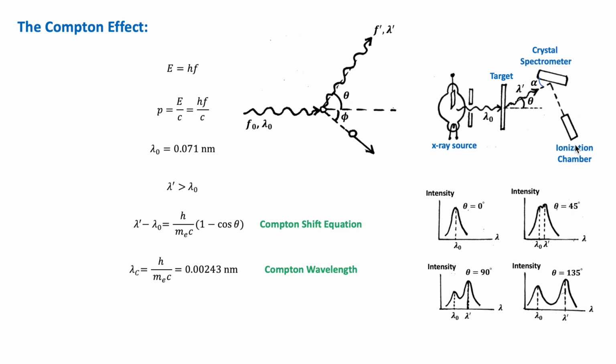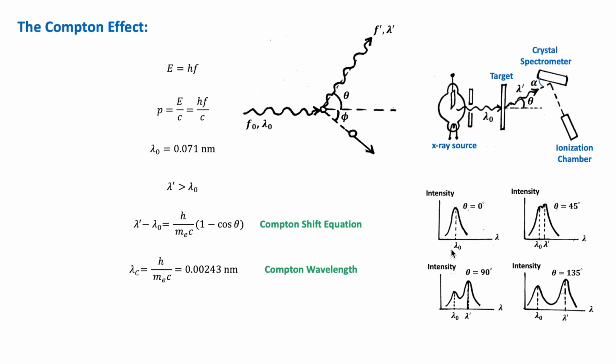The incident beam consists of a monochromatic X-ray of wavelength 0.071 nanometers, and the experimental plots of the intensity versus wavelength for 4 scattering angles theta are shown here.